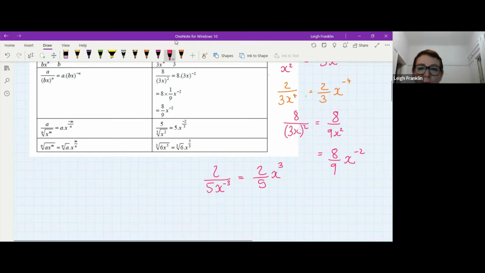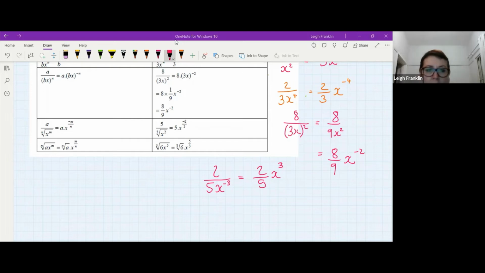So if the exponent is negative whilst it's in the denominator, it needs to be positive in the numerator. If the exponent is positive in the denominator, it needs to be negative when it gets moved to the numerator. So just be aware of that.